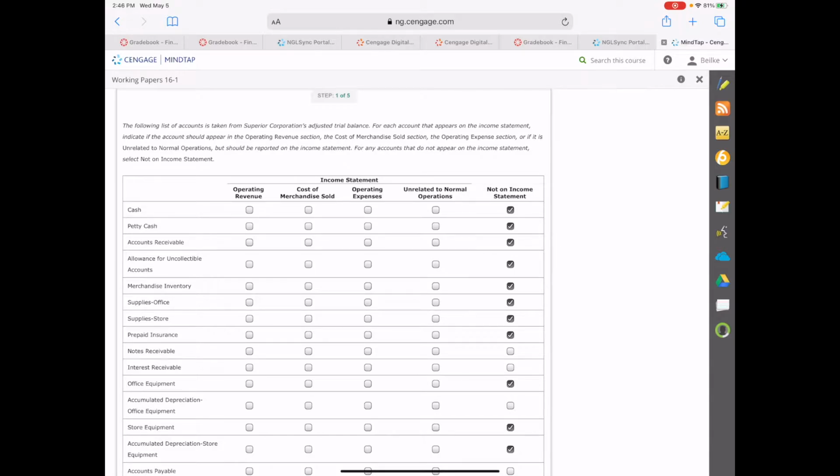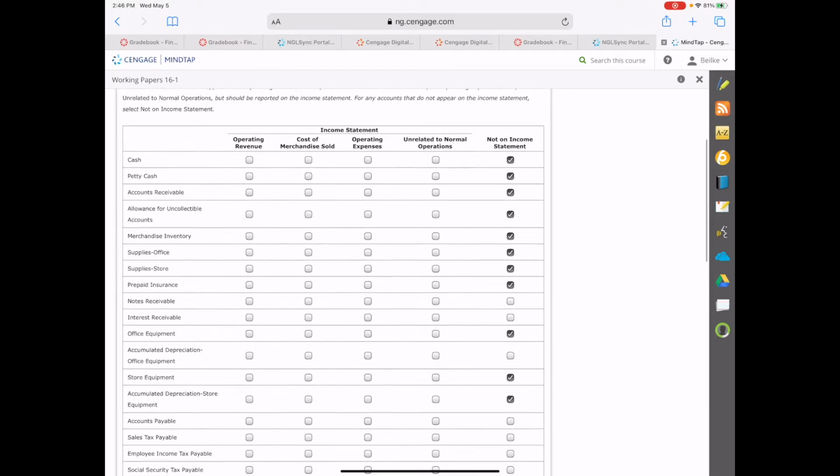Our depreciation, accumulated depreciation for store equipment. Because remember, that accumulation for store equipment is a contra asset. Oops, I missed a few. So all of those are not on your income statement because they are assets.